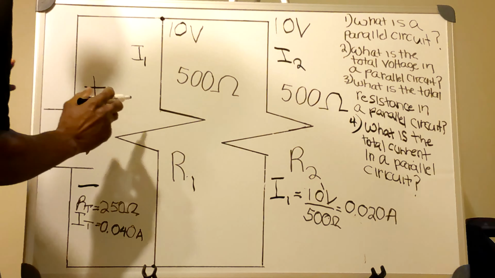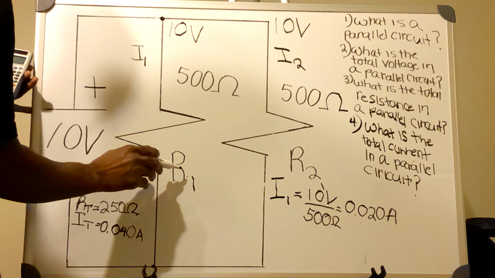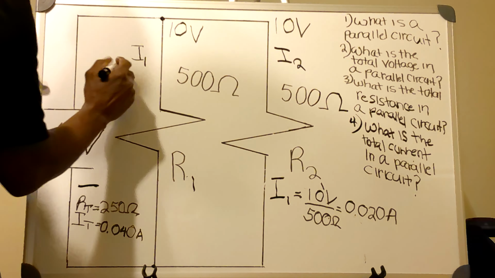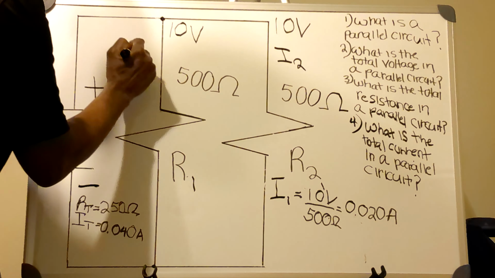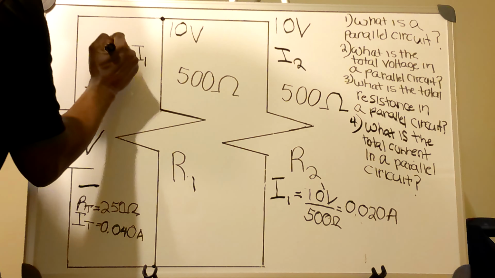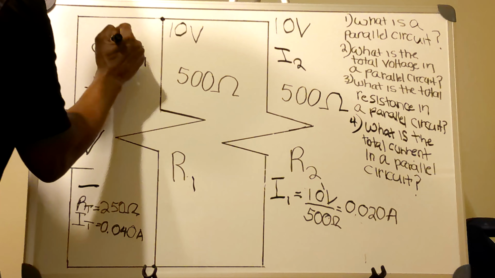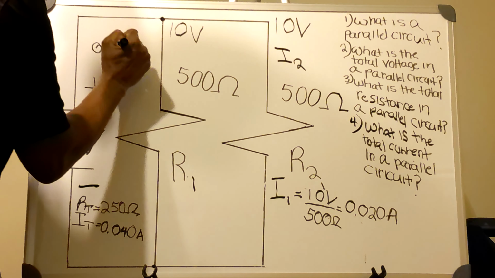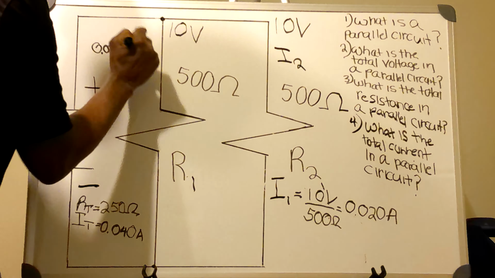So the current going through resistor 1 is 0.020 amps.